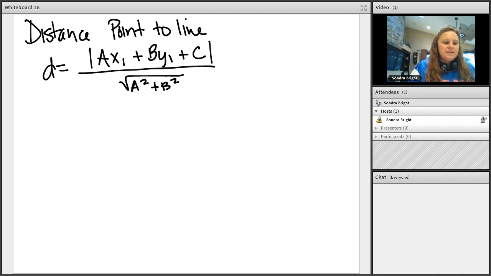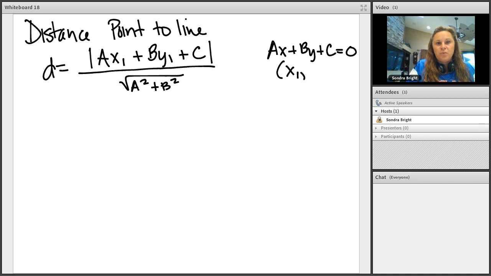This is when you're given ax plus by plus c equals 0, so your line equation is given in that form, and they've given you some point (x1, y1). So, given an equation of the line in standard form like that, and then a point.